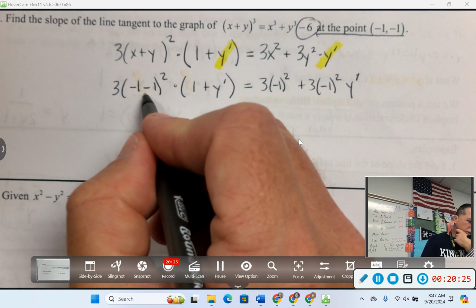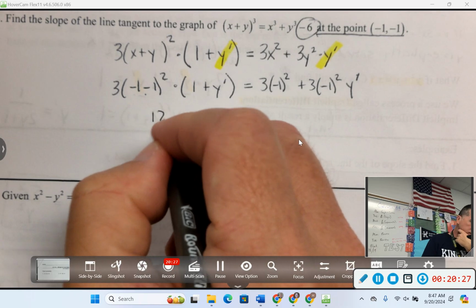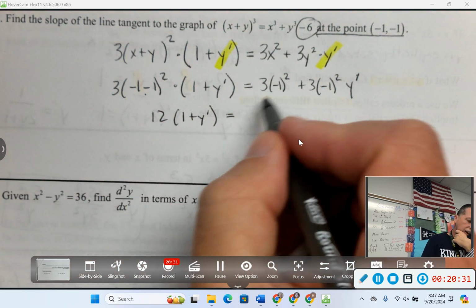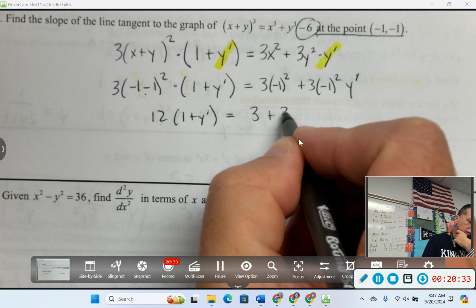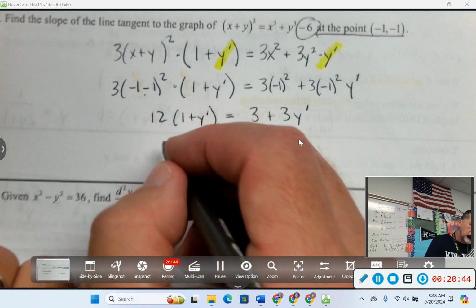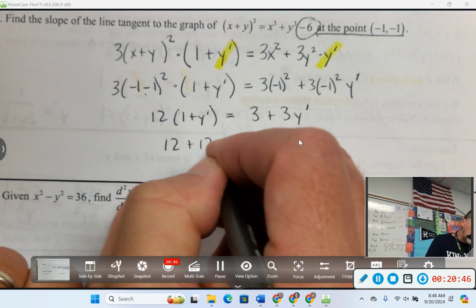Square of negative 2 is 4, times 3 is 12. On the other side, 3 plus 3y prime. I mean, you're still doing all the same algebra steps. It's just, would you rather do it with numbers or letters? Most of you would probably say numbers.